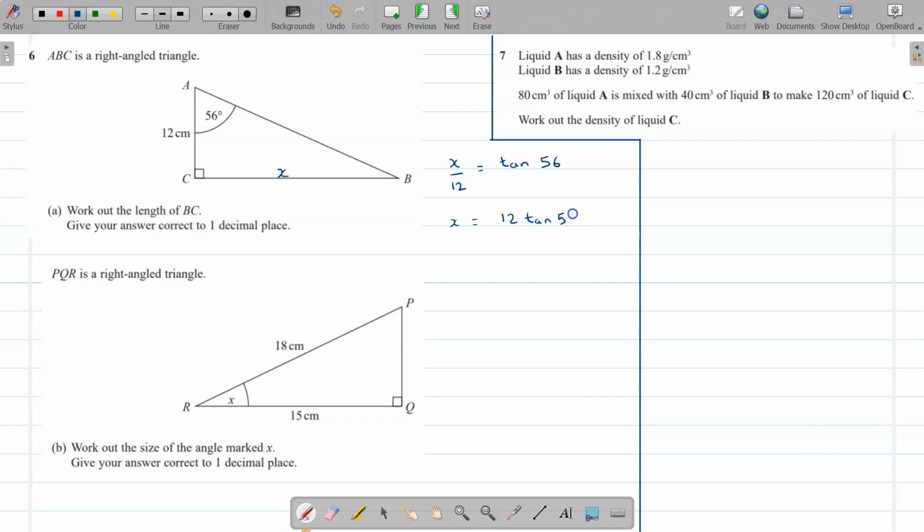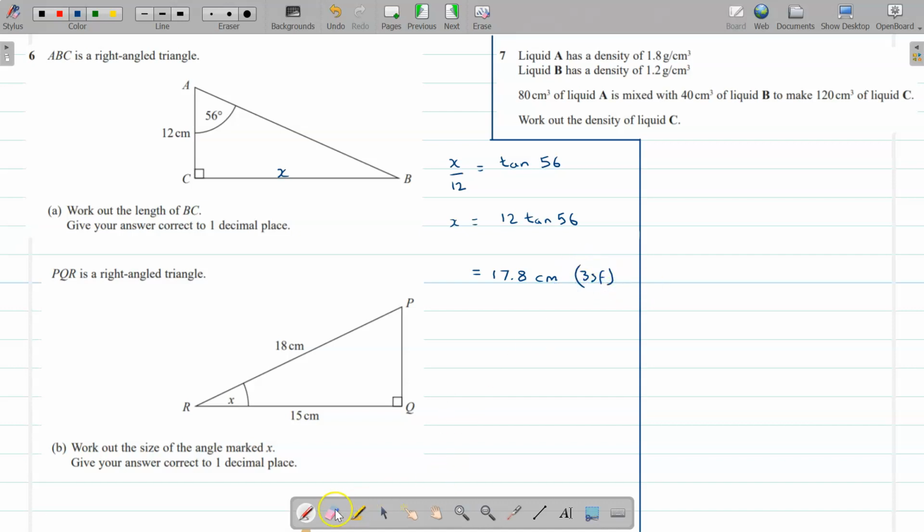And if you put that onto the calculator, that will come out as the tan of 56 times that, and it gives me 17.8 centimeters. Okay, 17.8 centimeters to 3 significant figures.